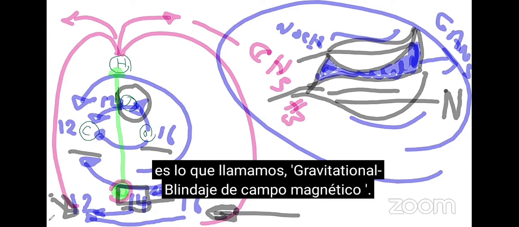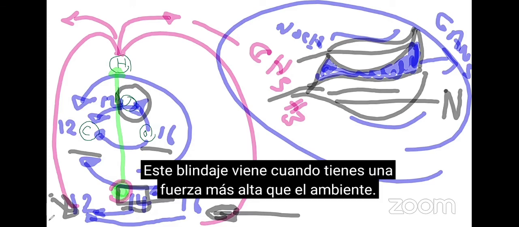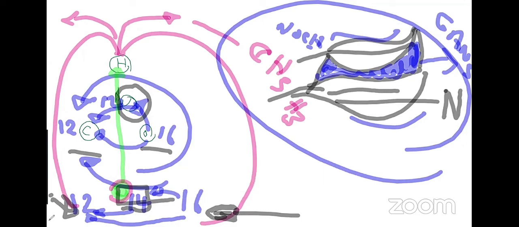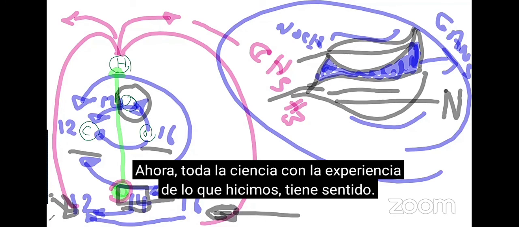It's what we call gravitational magnetic field shielding. The shielding comes when you have a strength higher than the environment. It's bulletproof, even though some wind might go through. Now, the whole science with the experience of what we've done makes sense.